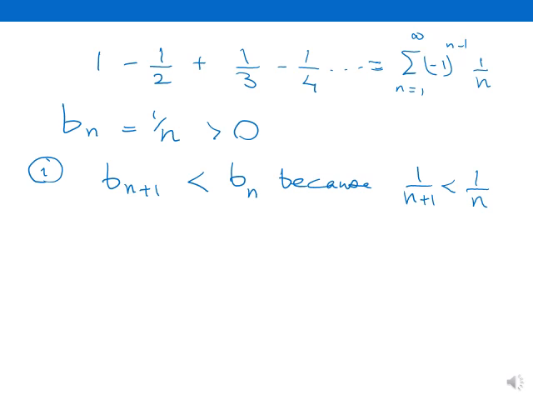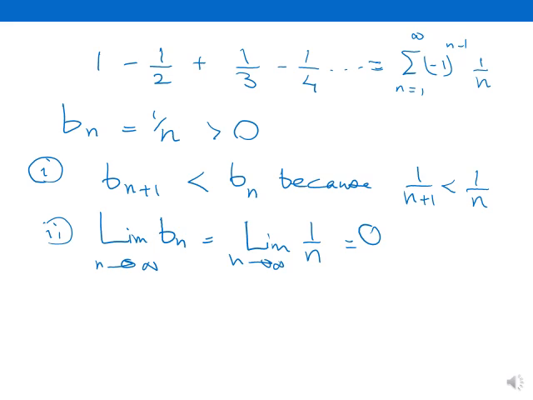The second condition is the limiting value of the terms bn as n tends to infinity. The limit of 1 over n as n tends to infinity is definitely 0. I must do all these checks to be able to apply the alternating series test. So my conclusion from this analysis is that the series is convergent by the alternating series test.